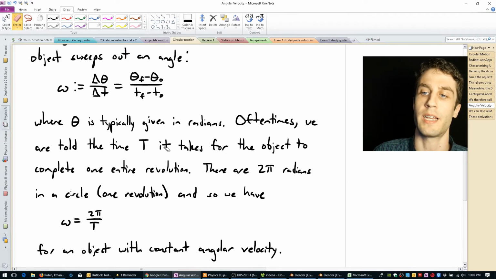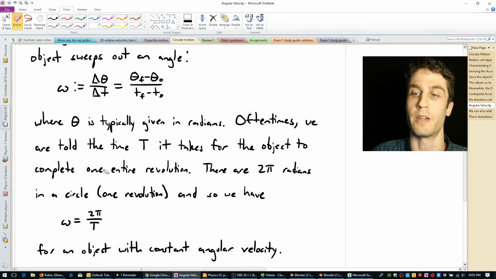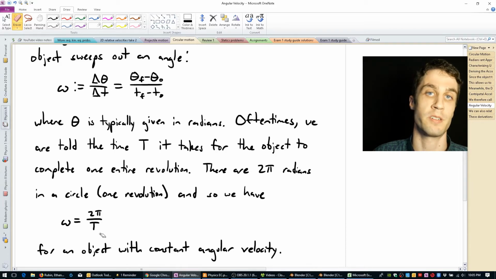Oftentimes we are told the time capital T it takes for the object to complete one entire revolution. And there are 2 pi radians in a circle, which is 1 revolution. And so we'll have omega equals 2 pi divided by T. So the circumference of the circle is 2 pi times the radius, and that's the entire arc length.